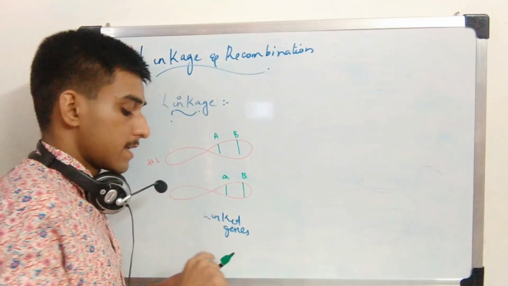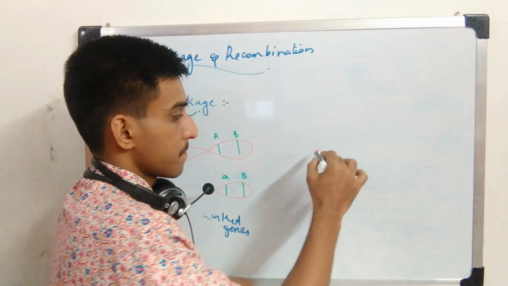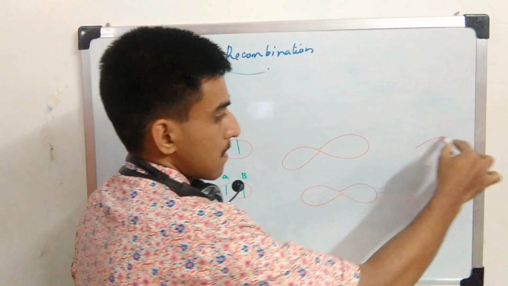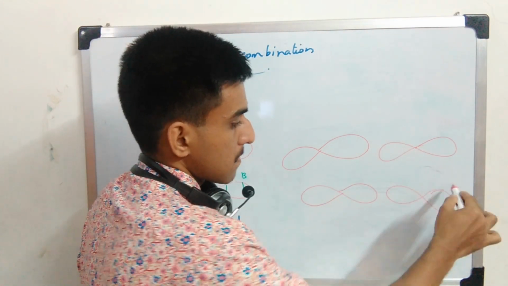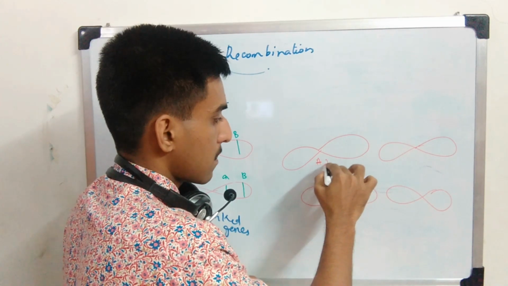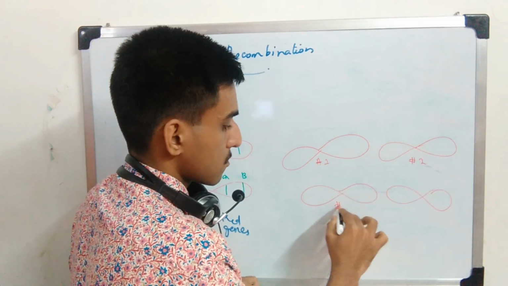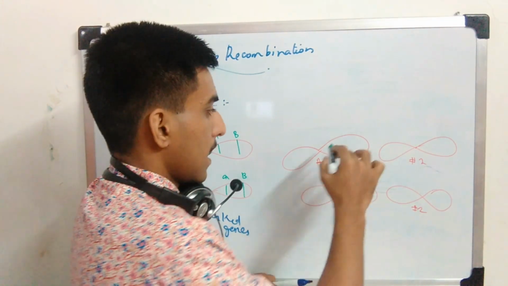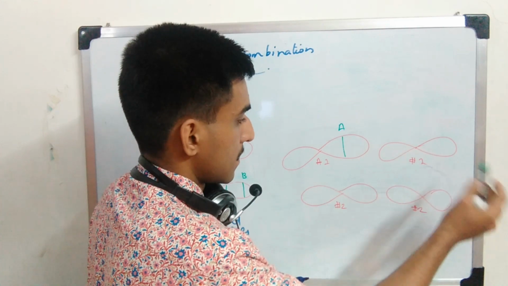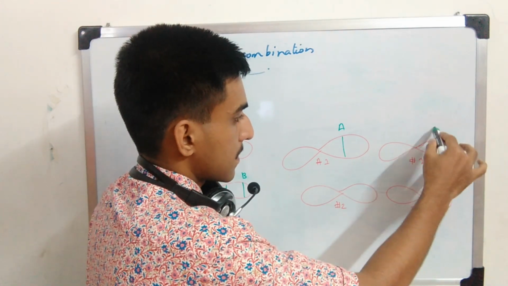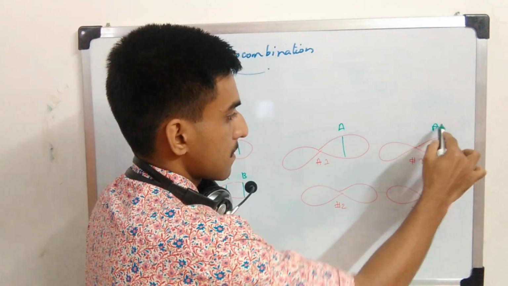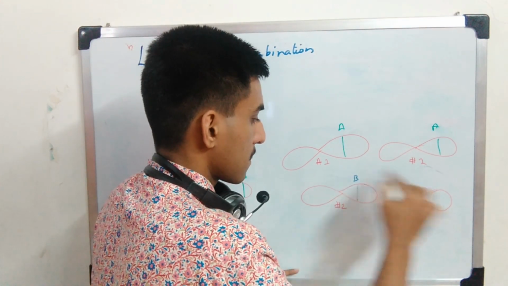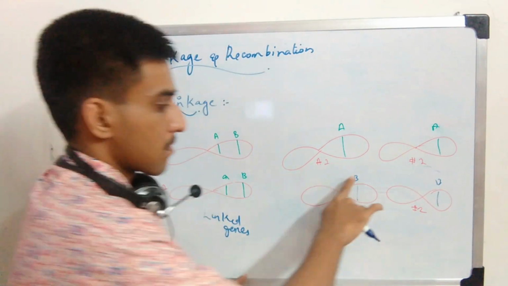And there can also be a condition where I am drawing chromosomes. This is chromosome 1, this is chromosome 1, this is chromosome 2, and this is chromosome 2. Gene A here, gene A here, gene B here, gene B here, or alternative form.